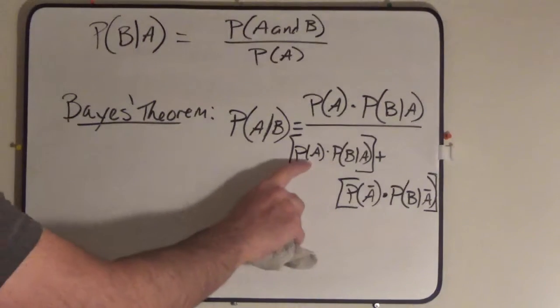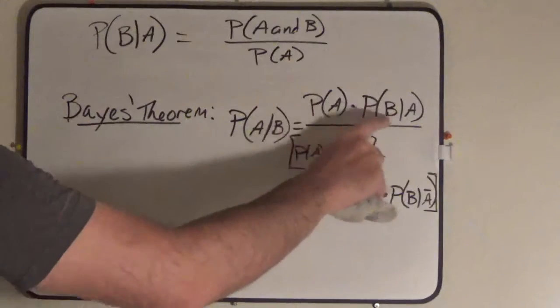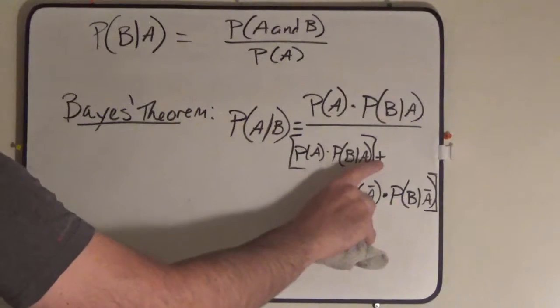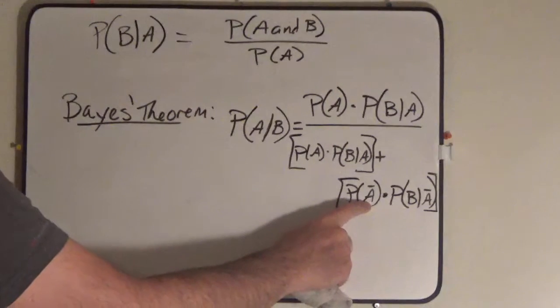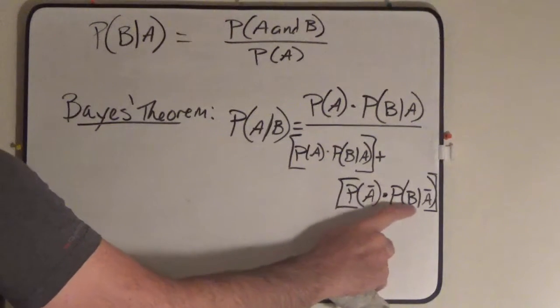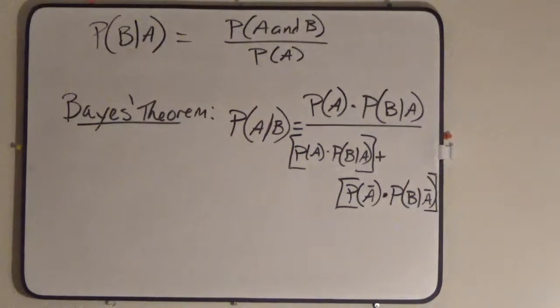It's the probability of A times the probability of B because of A, identical to what's on top, plus the probability of the complement of A times the probability of B because of the complement of A.